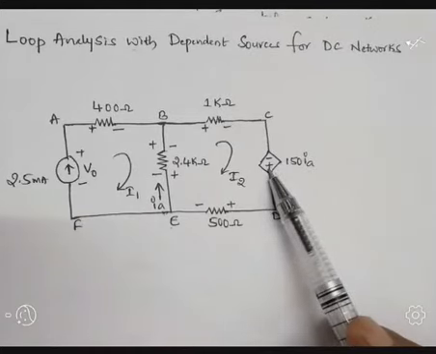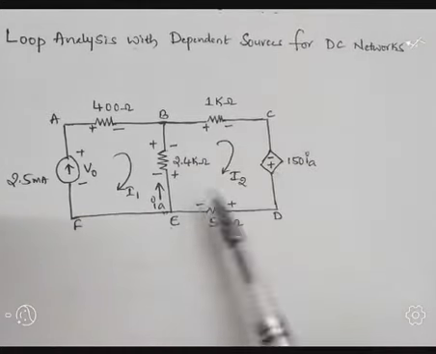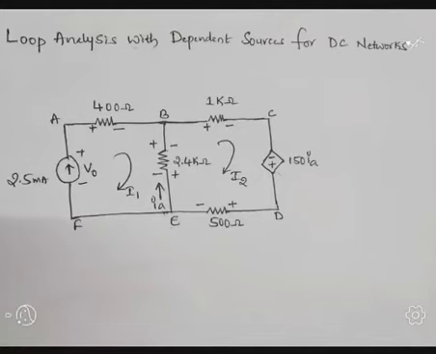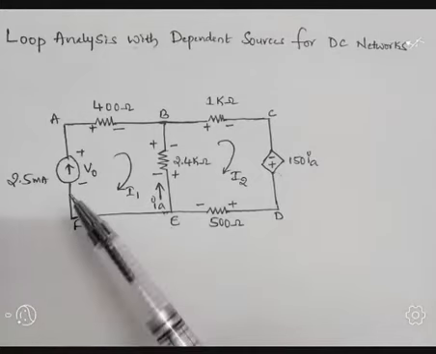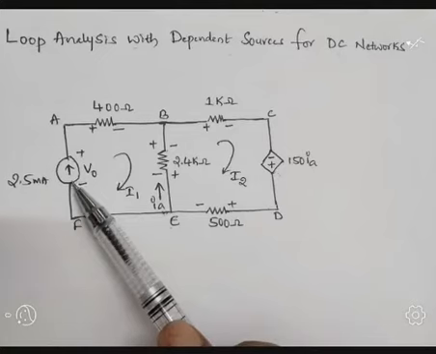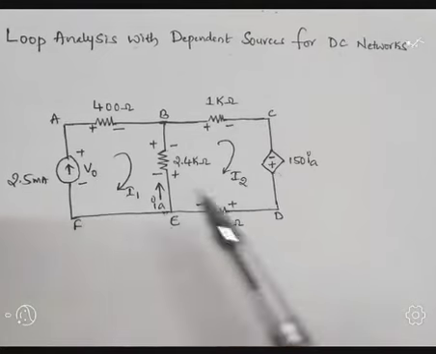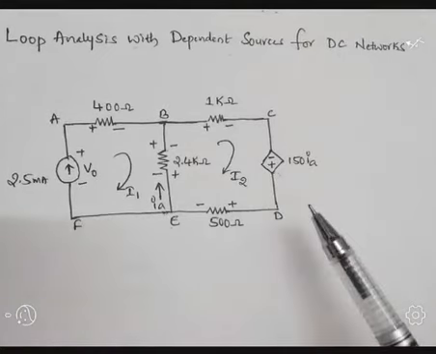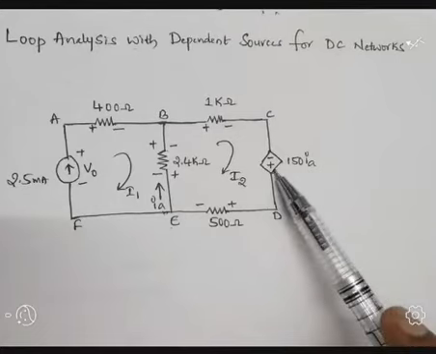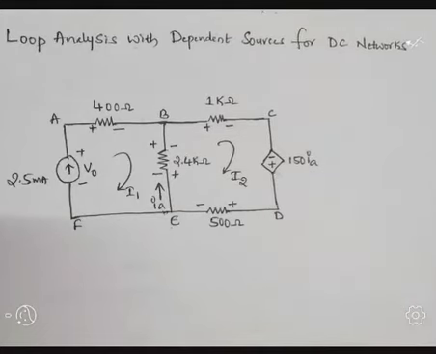I will repeat: from this network we are going to find two parameters. The first is the power delivered by the independent current source, and the second is the power delivered by the dependent voltage source.